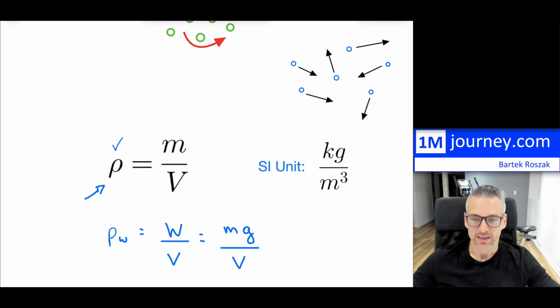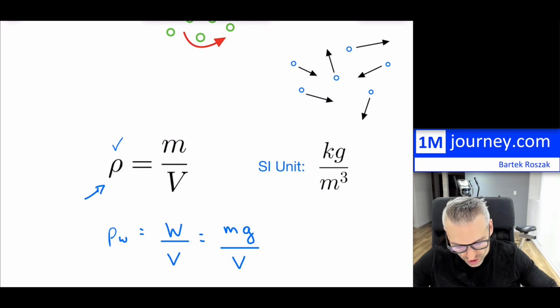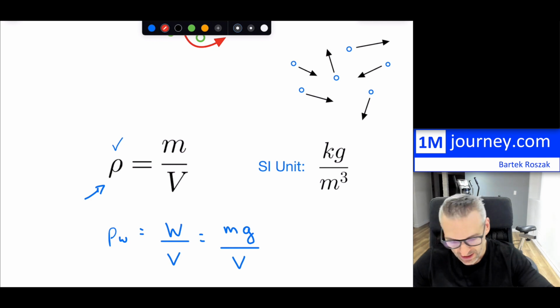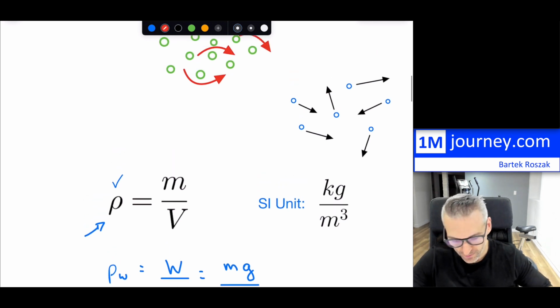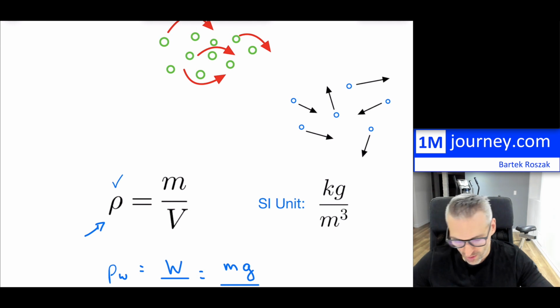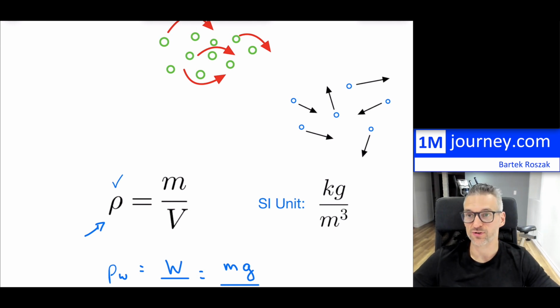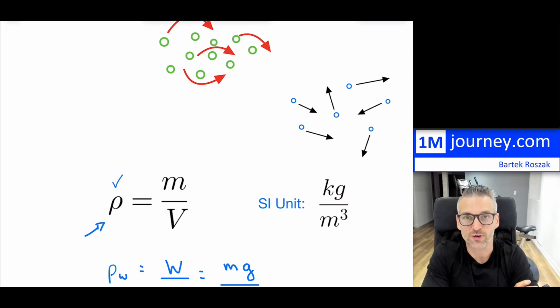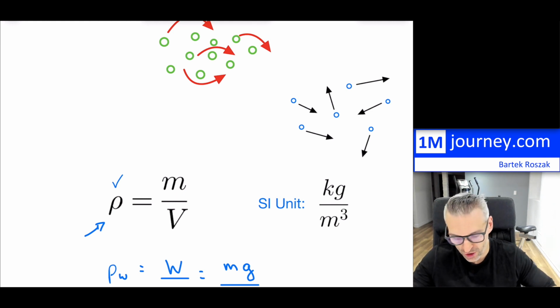All right. Now, with regards to volume, I do want to give you a little bit of a gist on volume. One thing that you should be aware of is that not all containers are going to be a nice cubic shape in some way, where it's very easy to calculate volume.